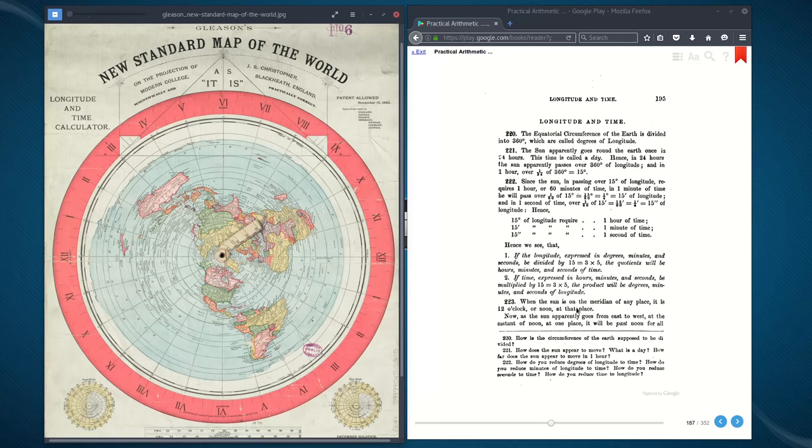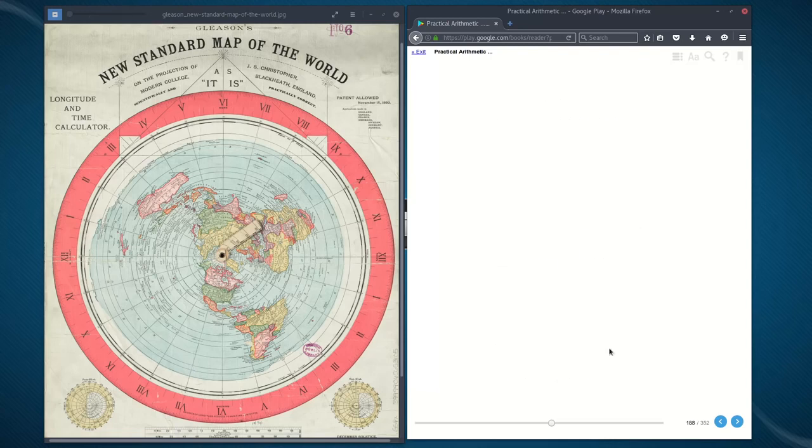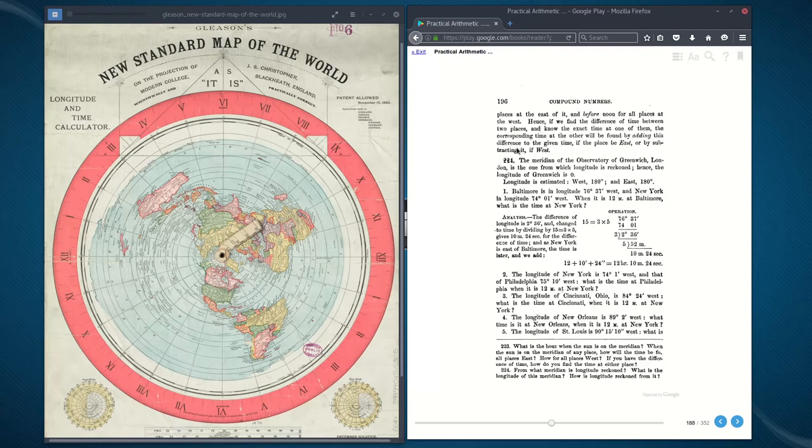When the sun is on the meridian of any place, it is 12 o'clock or noon at that place. Now, as the sun apparently goes from east to west, at the instant of noon at one place, it will be past noon for all places at the east of it, and before noon for all places at the west.